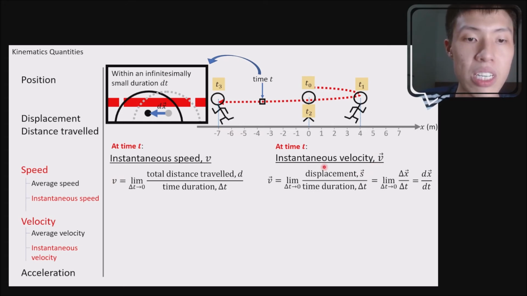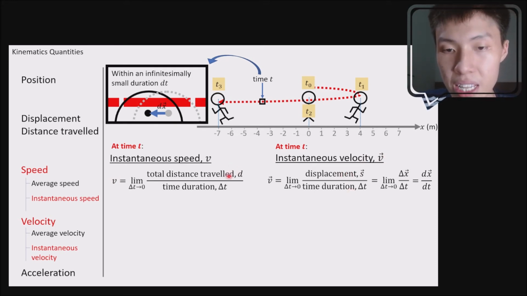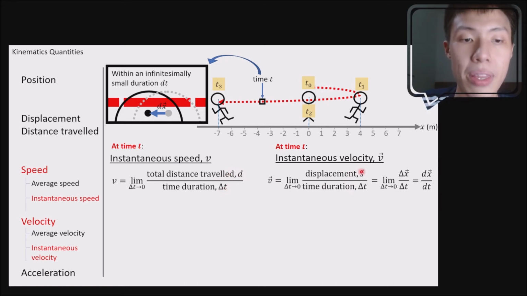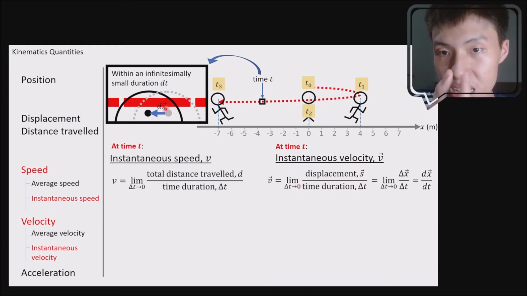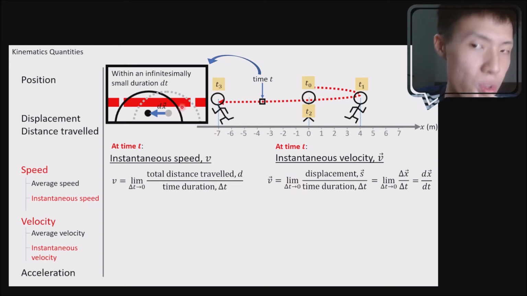But if we talk about instantaneous velocity, it's a vector quantity, so there's an arrow on top. So this will be displacement divided by time duration. Again, previously in speed, it was distance traveled divided by duration, but now it is displacement divided by time duration. In this case, because we limit the duration to be approaching 0, we are actually only interested in the displacement that happens within that very, very short window of time.